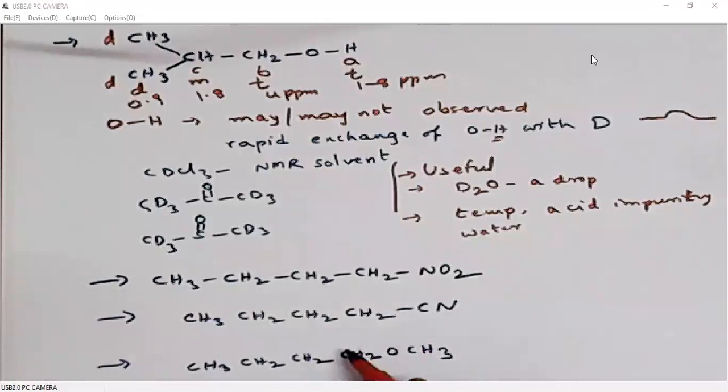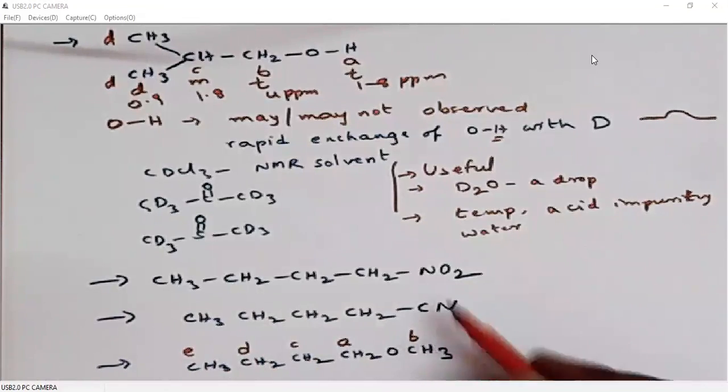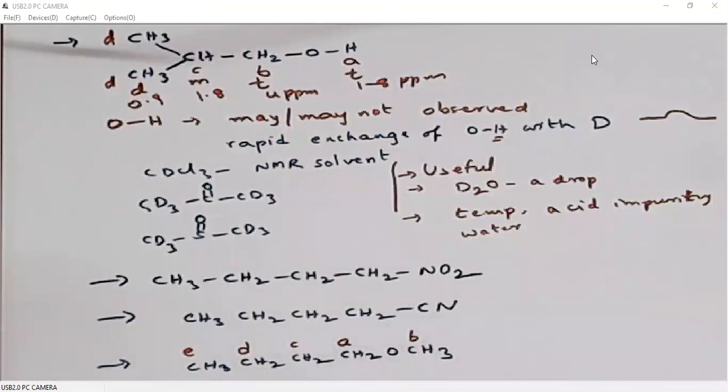In this compound also, it will exhibit the highest delta value, and then with the decrease in distance, the inductive effect decreases. So next highest delta, next highest delta, and next highest delta. These two compounds almost exhibit similar proton NMR spectra.